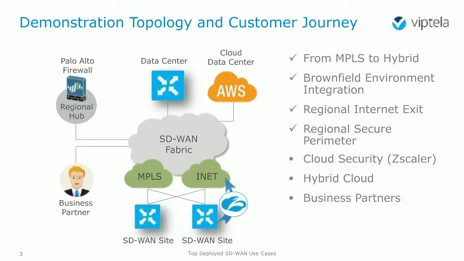Then we're going to talk about connecting to business partners. It's a vast set of connectivity options outside of your organization, once you're deploying an SD-WAN solution, for how you can accommodate connectivity to other entities which are external to your organization.